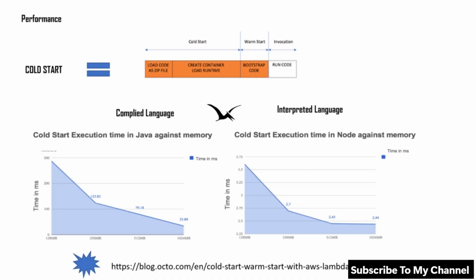Underneath is a diagram to show you the difference between an interpreted language and a compiled language when it comes to the cold start execution time. If you look at a language like Java, you can see that the cold start is initially around 300 milliseconds, whereas if you're using a Node based application, then it's around 3.5 to 3.75.